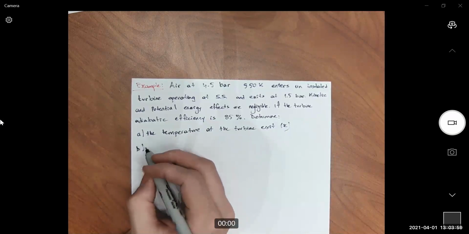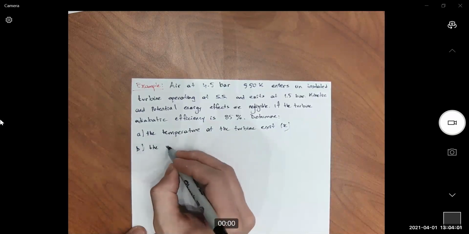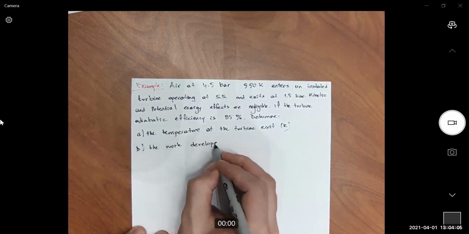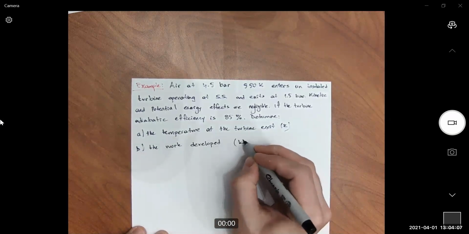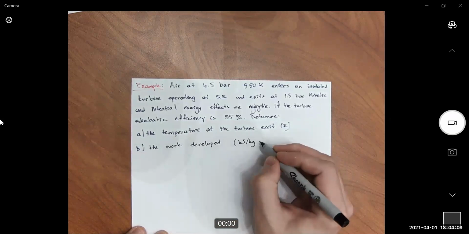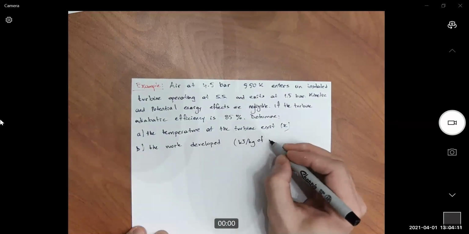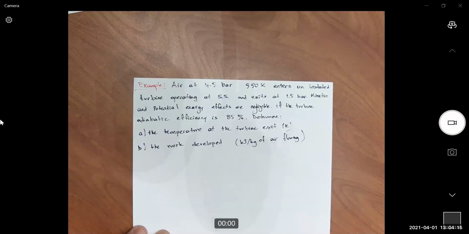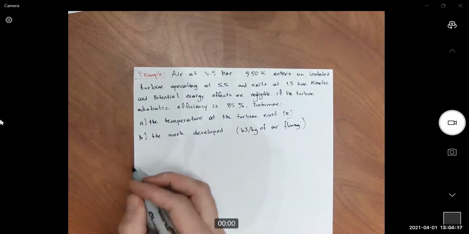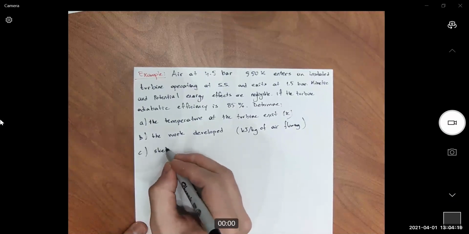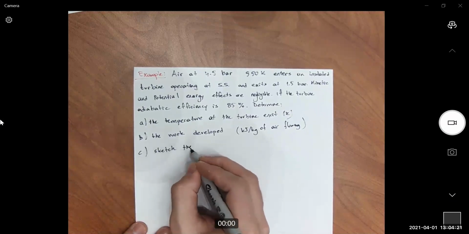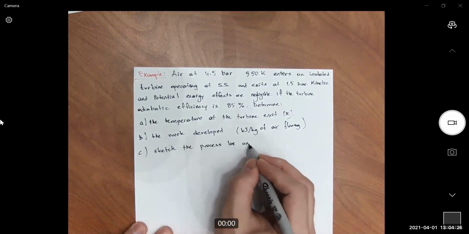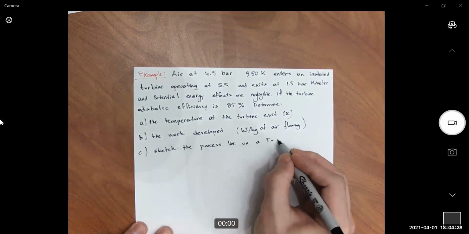B, the work developed in kilojoules per kilogram of air flowing. And C, sketch the process line on a TS diagram.